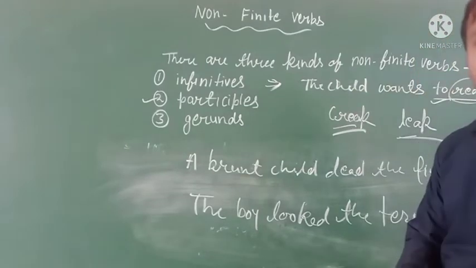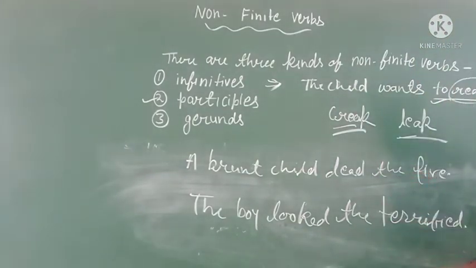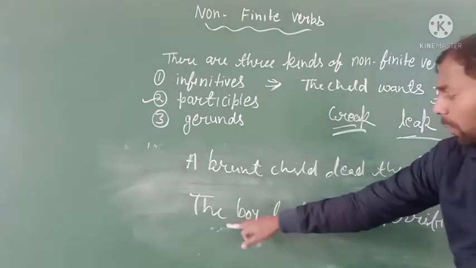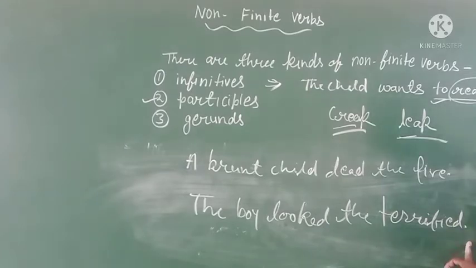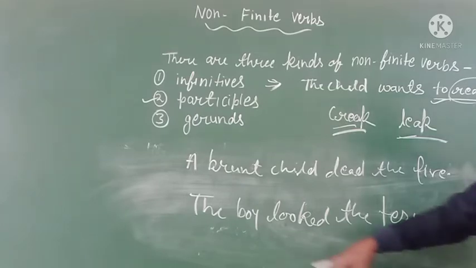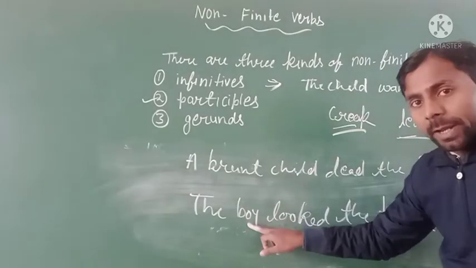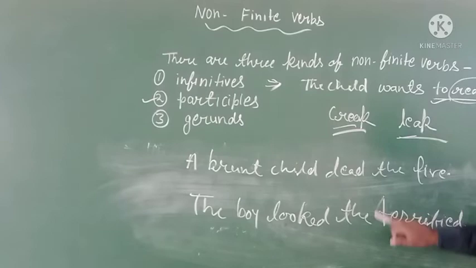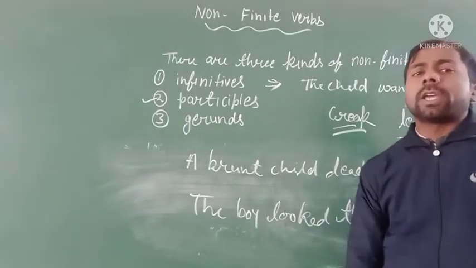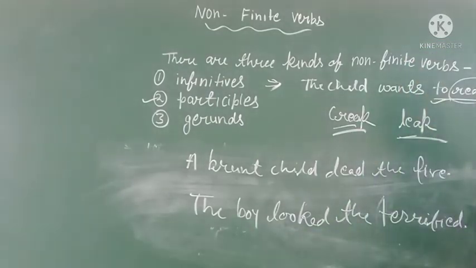In this sentence, the boy is the noun, looked is a verb, and the word terrified is a participle, and it modifies the subject. What kind of boy? A terrified boy. So this word also modifies the subject, and it is used in the form of an object.